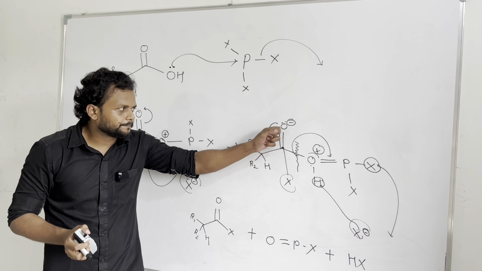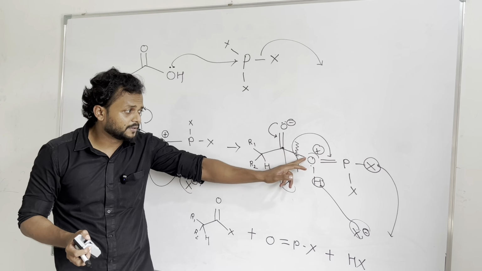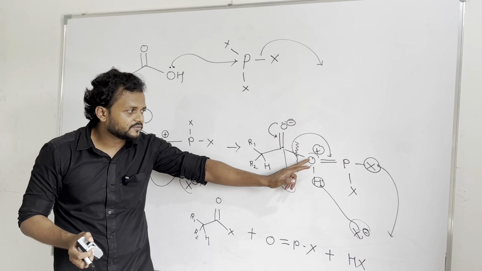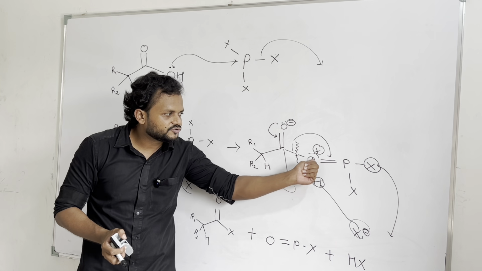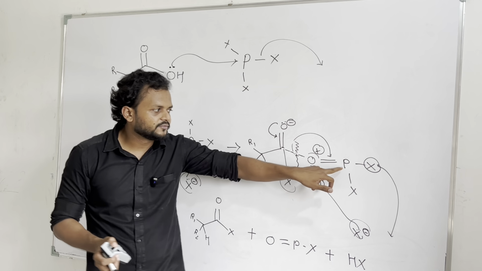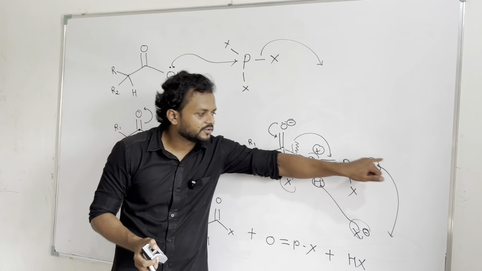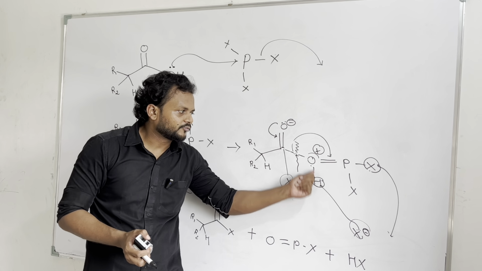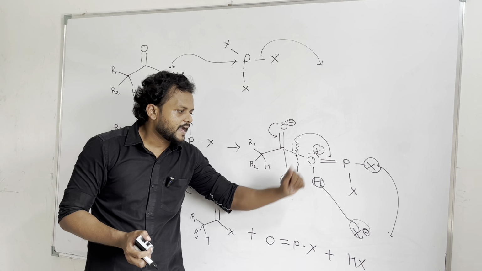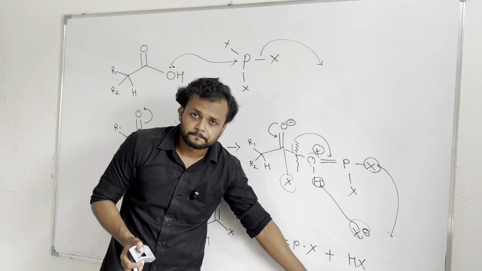Again this oxygen will form a double bond again, so this oxygen-carbon bond is going to break, and this oxygen will shift this bond between this oxygen and phosphorus. So again phosphorus will have 4 valency, so one of the halogens is going to leave, and that halogen will get that proton from oxygen and will form this and this and this.